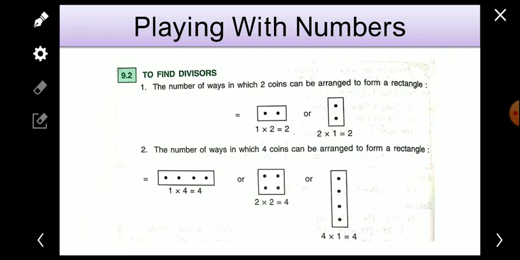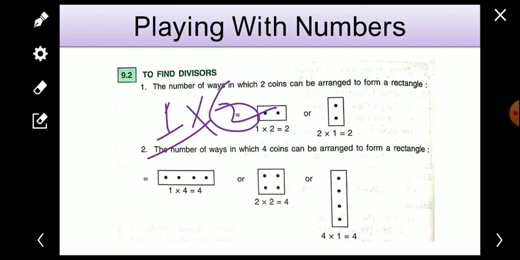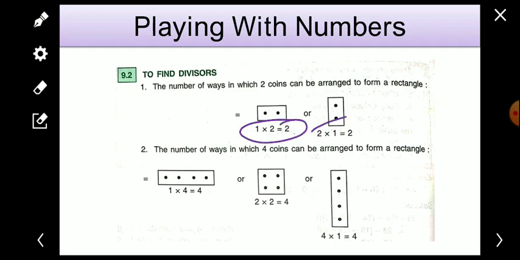Now, to find the divisors: the number of ways in which two coins can be arranged is like this. If two coins are there, then we can arrange them like this or like this. It means 1 into 2, 1 in 2 rows, or 2 into 1.